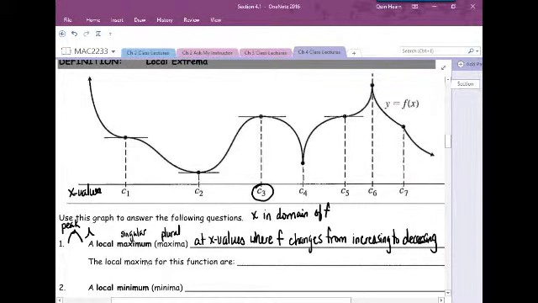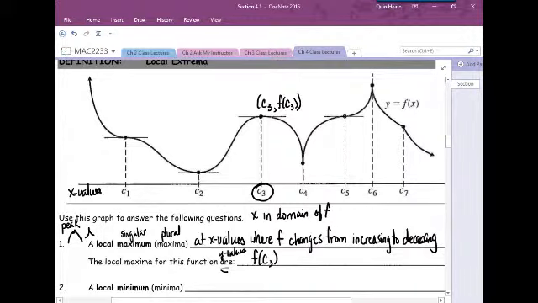Now, it doesn't ask where the local maxima occur, it asks what they are. So when it asks what the local maxima actually are, we're talking about y values. In other words, I could say that this point here, C3, has a y value of f of C3. So I'm going to say that f of C3 is one of the local maxima.